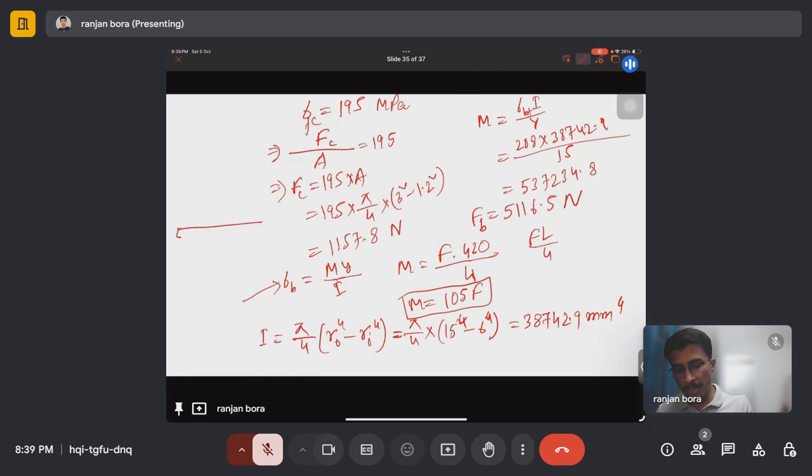If this is our bone sample, then we can apply a maximum force of this Fb such that the material doesn't fail. If we apply a force higher than this value, or equivalent to this value, then there will be failure in the material. So we should apply a force less than this Fb.